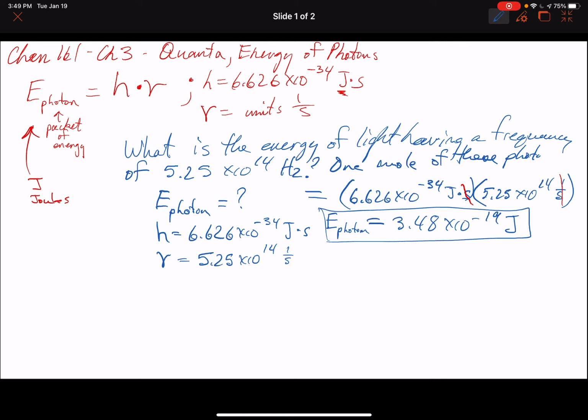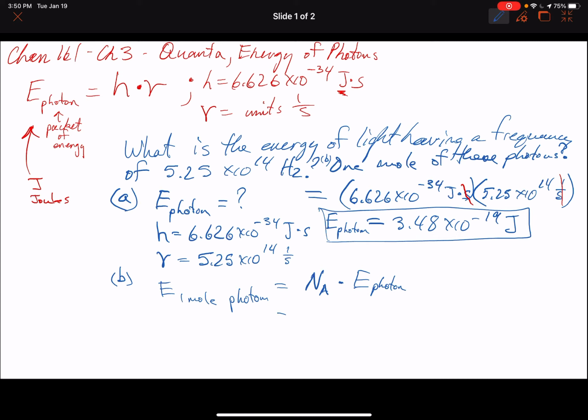Okay, so that was part A, and here's part B. Now that we have the energy of a single photon, the energy of 1 mole of photons is going to equal Avogadro's number times the energy of a single photon.